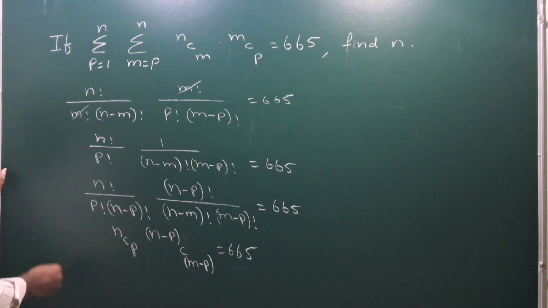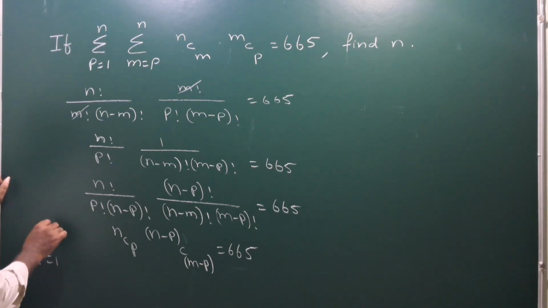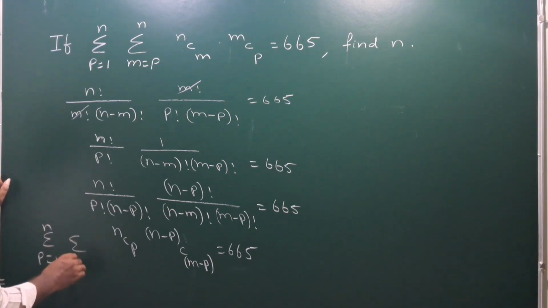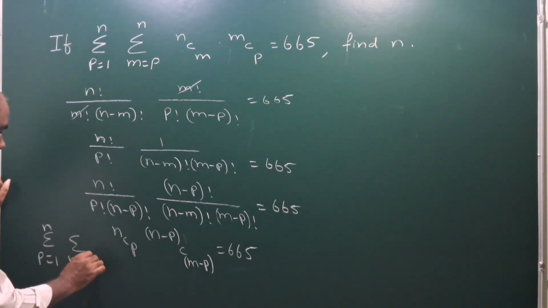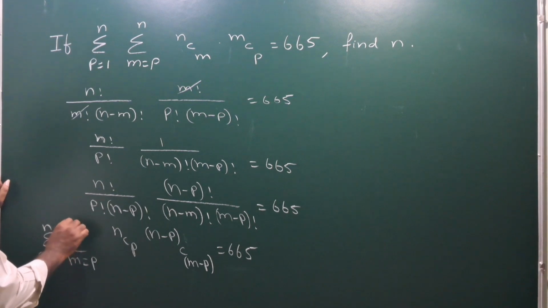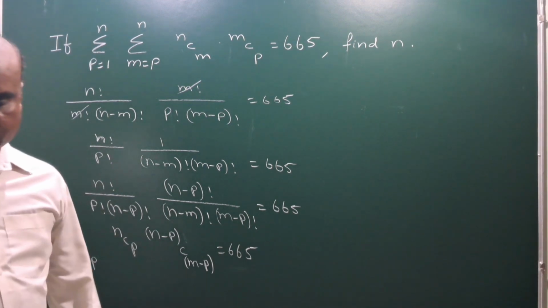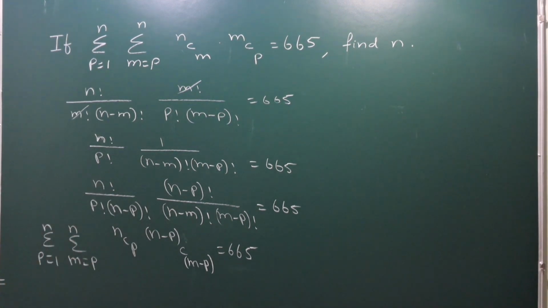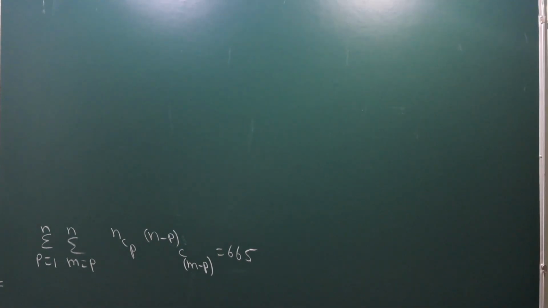So write the sigma, p equals 1 to n, sigma m equals p to n. Next, continuation.